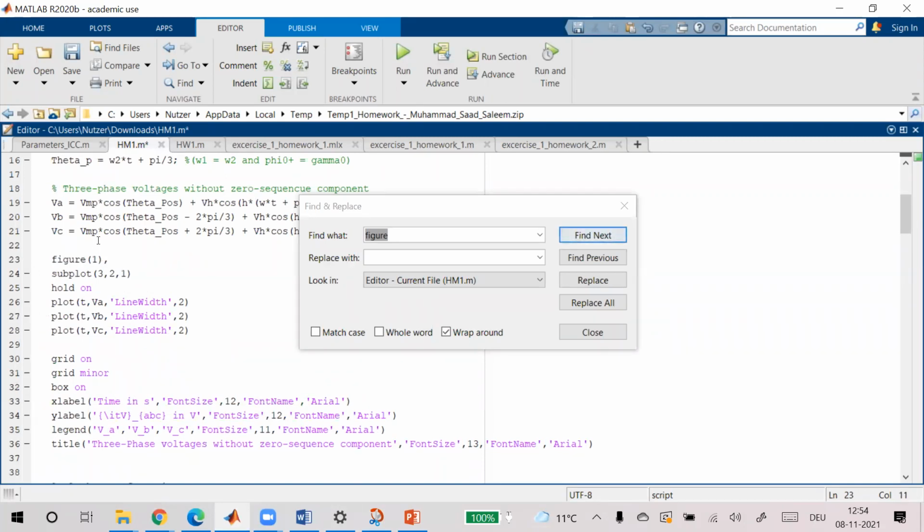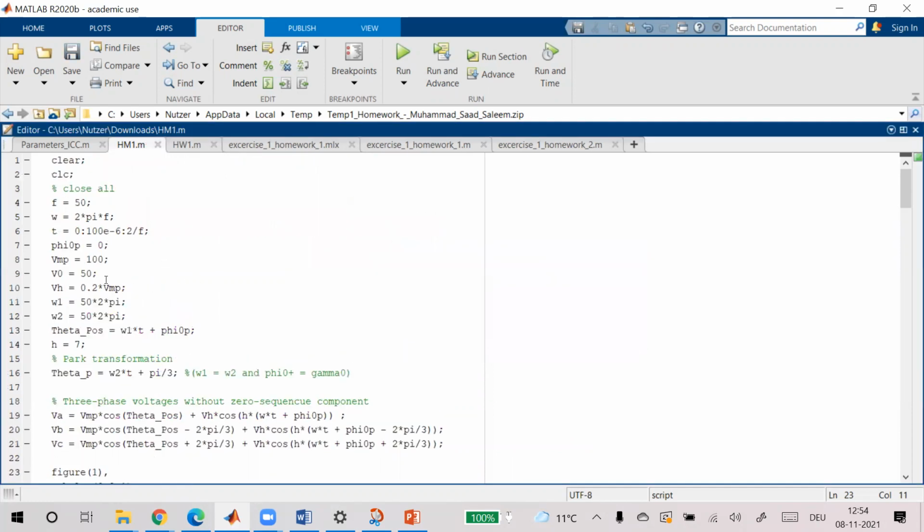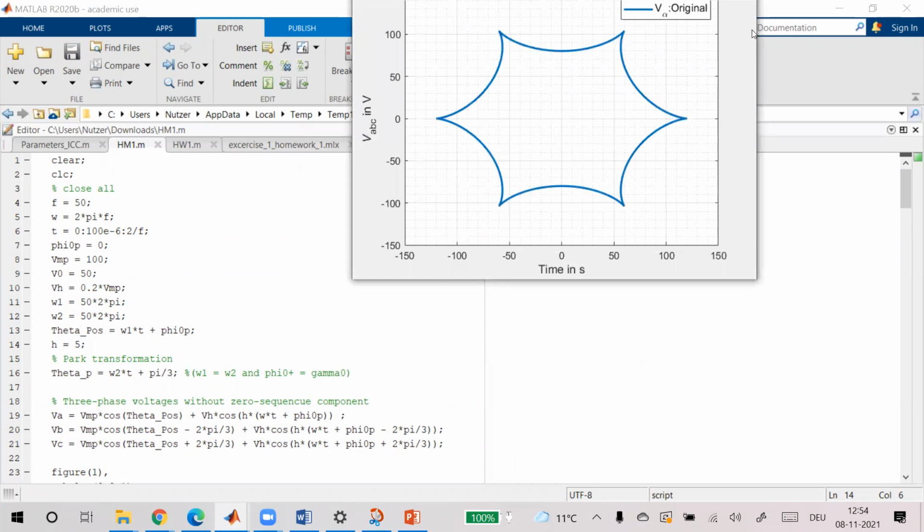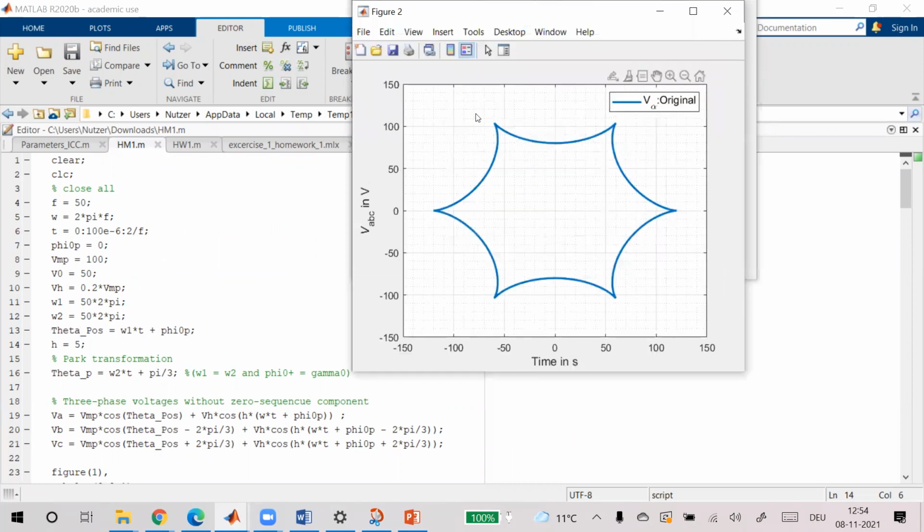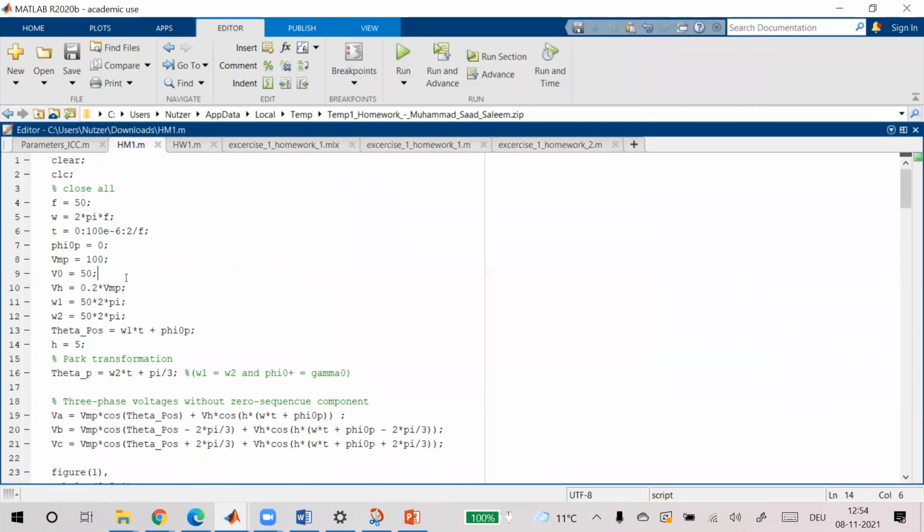This way it will always plot on the same graph. Okay, so let's do it again. We will draw for fifth order harmonics. So we got this graph. And now we draw the seventh order for the same thing. I'm not closing this graph, so it will draw on the same graph.